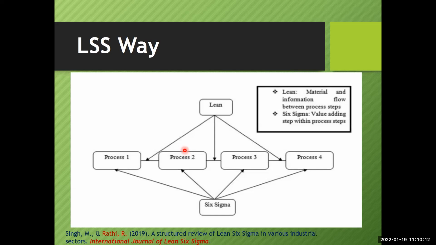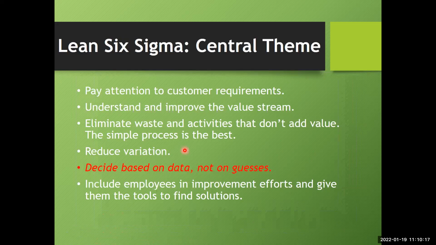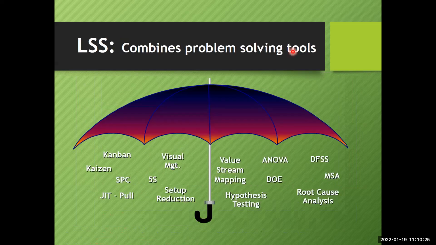So under the nutshell of Lean Six Sigma, we use Kanban, Kaizen, statistical process control, JIT, pull system, visual management, 5S, 7S also, value stream mapping, ANOVA, design for Six Sigma, design of experiments, MSA (measurement system analysis), hypothesis testing, root cause analysis, and many other tools used combinedly to implement Lean plus Six Sigma in industries.